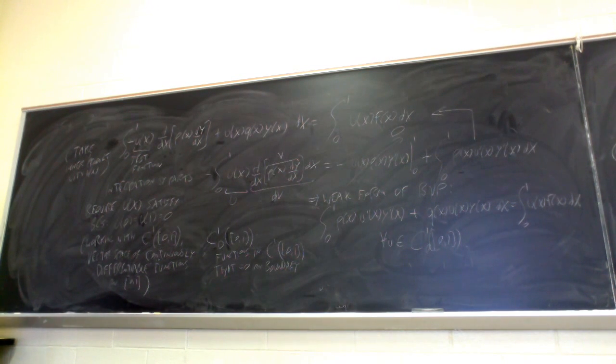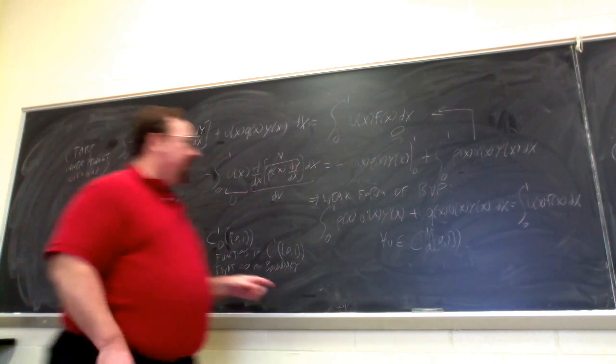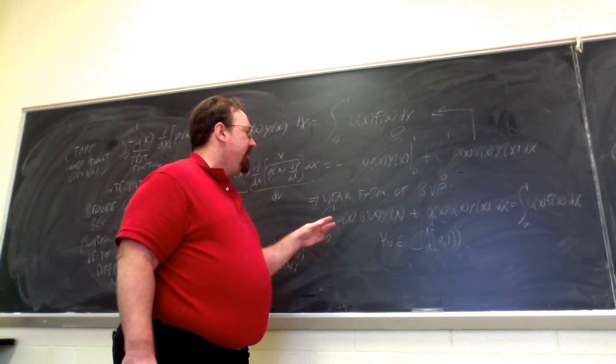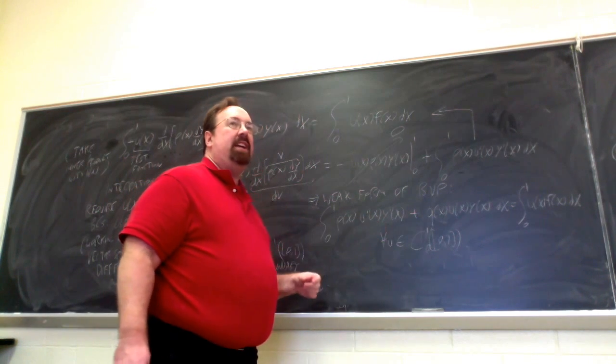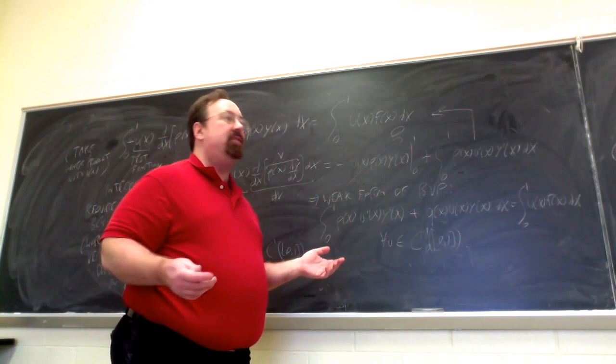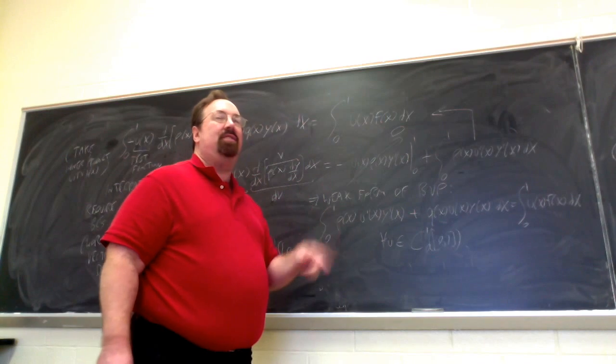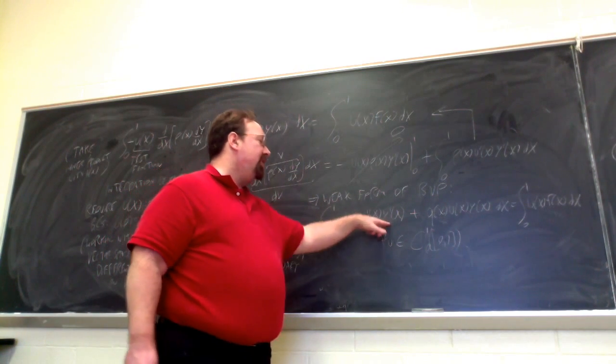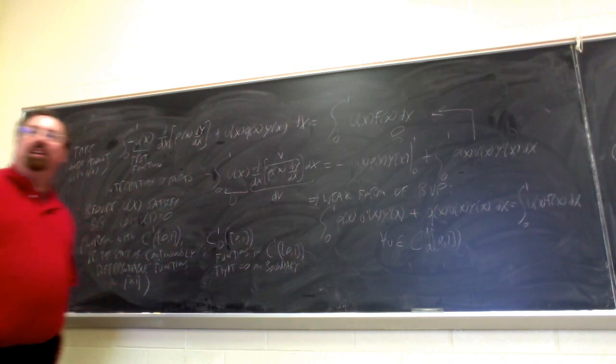So I could try to find a function y that solves this, and if the function y that I get actually has two continuous derivatives, then it's a classical solution of the original differential equation. But if it only has one continuous derivative, then it's called a weak solution.